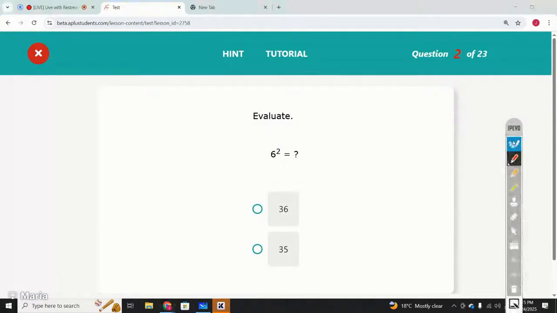So you have to do 6 times 6. 6 times 6 is 36. Option number 1 is the correct option.